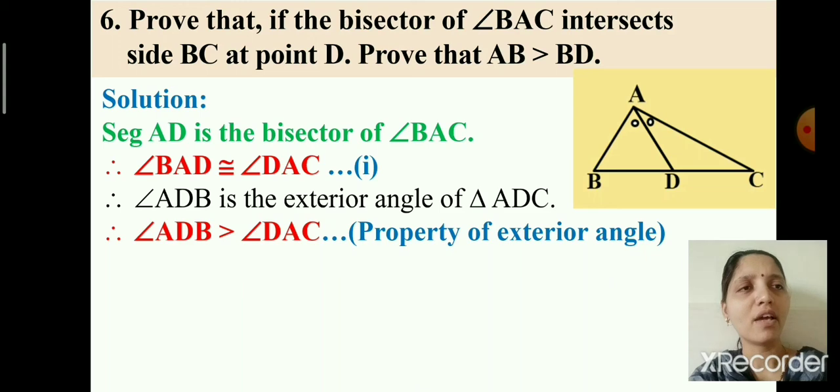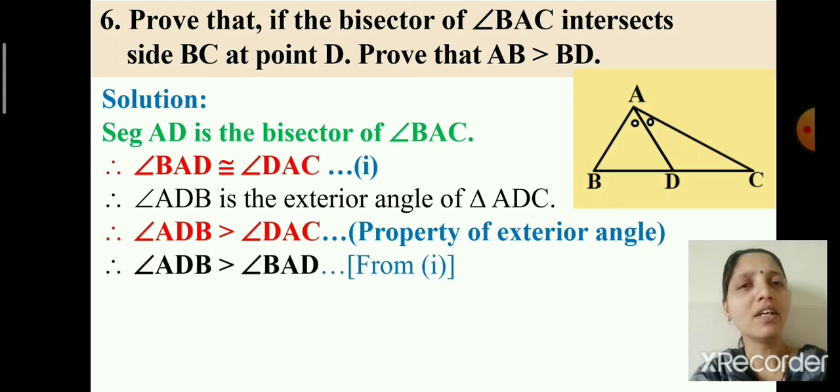Therefore, we can write here angle ADB is greater than angle BAD, because we know that angle DAC is congruent to angle BAD. So instead of angle DAC, we can write here angle BAD from equation 1.